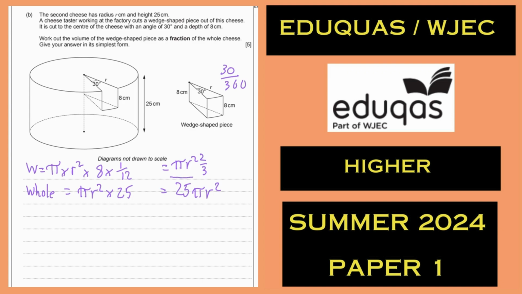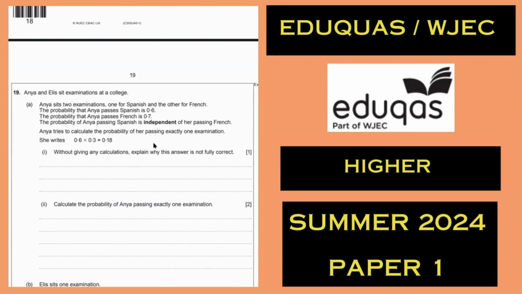Fraction means over, and the pi r squareds all cancel. 2/3. If you want to divide a fraction by 25, you simply multiply the denominator by 25. As I said, I think it looks a lot worse than it actually is.